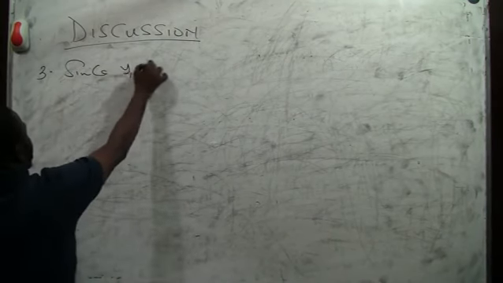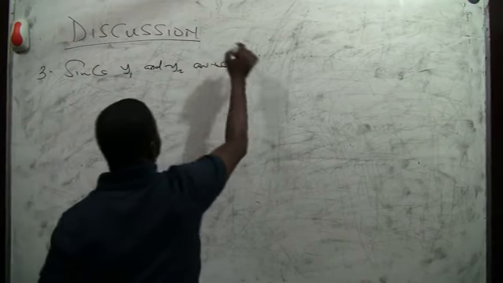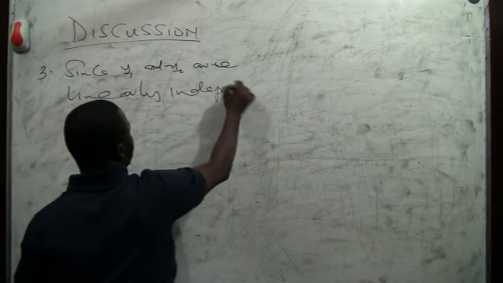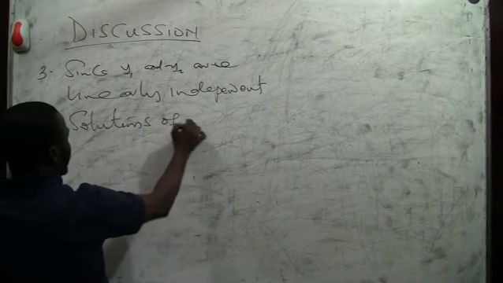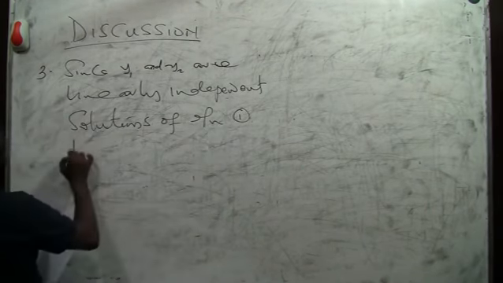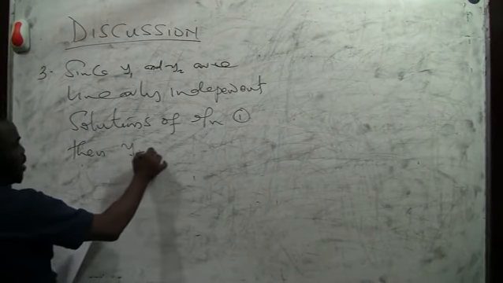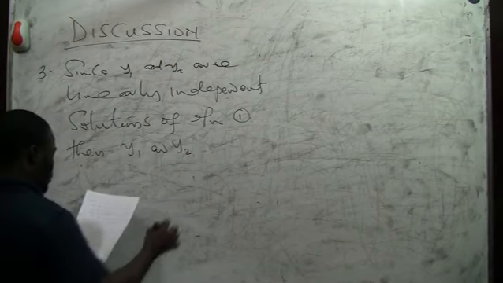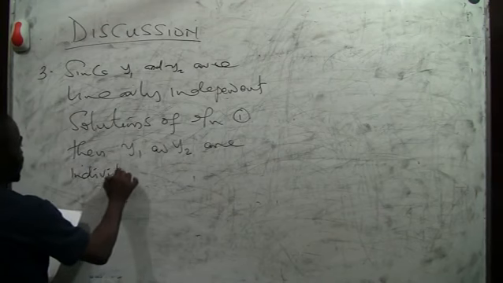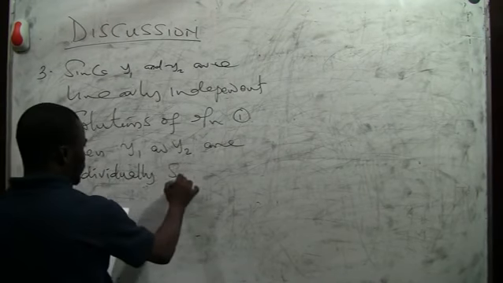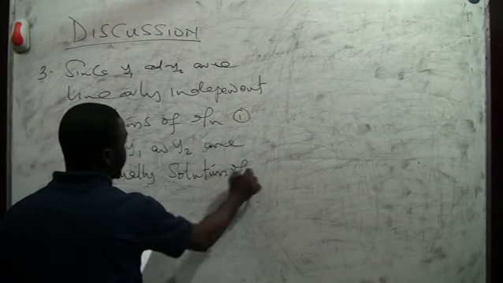Number 3, that since y1 and y2 are linearly independent solutions of equation 1, then y1 and y2 are individually solutions of equation 1.